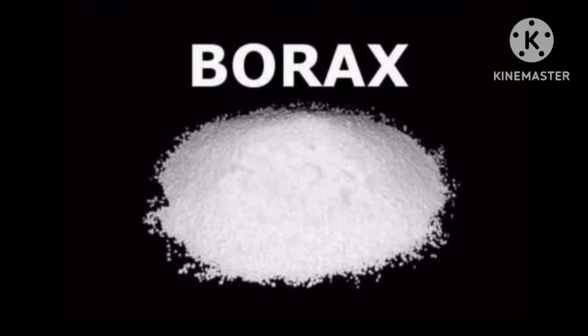When the first hydrogen electron is with the second boron, then the down hydrogen electron will go to the first.